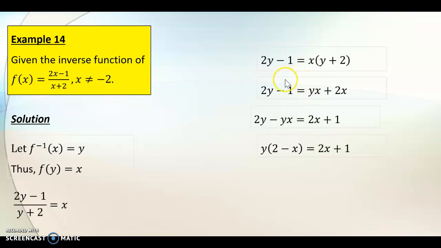So yx moves over here, and -1 moves to the right hand side. After that we factorize the y. Next, y will be (2x plus 1) over (2 minus x), and y will be the inverse function. From subject x we change to the subject y. Now y will be the inverse function.